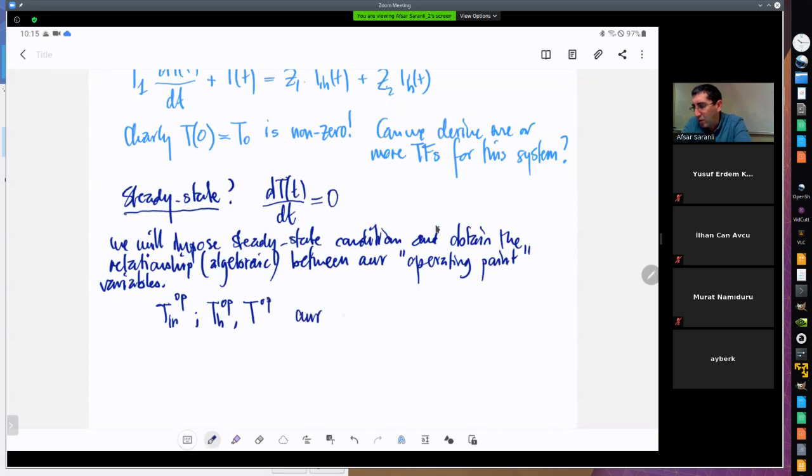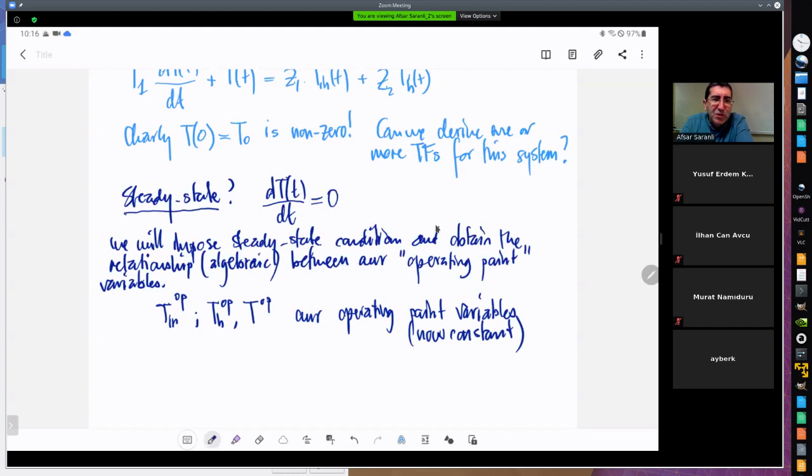These are operating point variables. These are now constant, right? As soon as we select them, they will be constants around which the system will be operating.